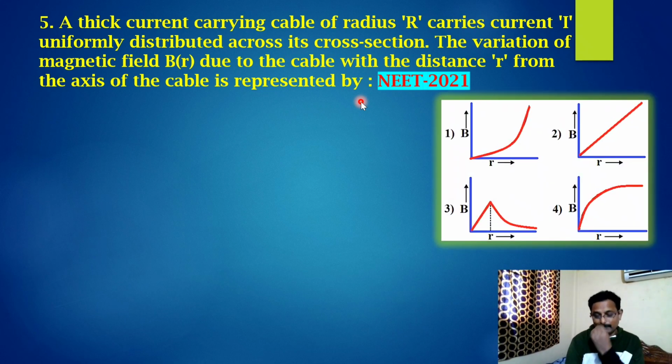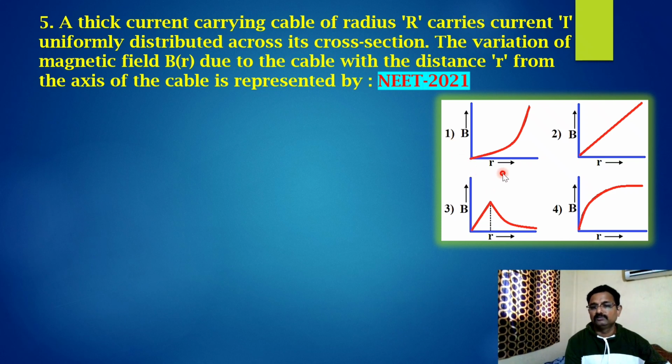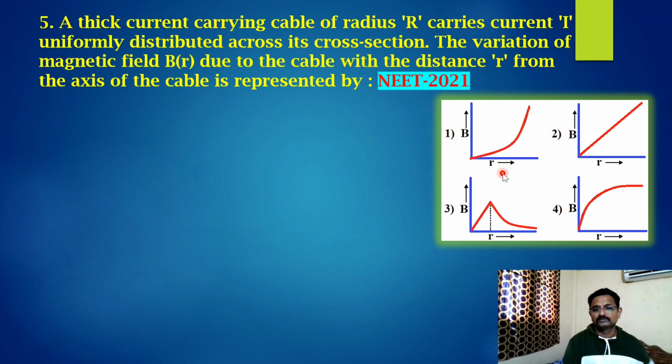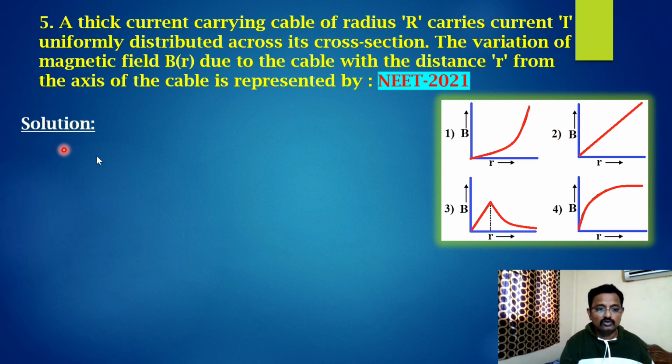From these options we have to identify the correct graph. These are the graphs between B and r, that is magnetic field and distance of the point from the cable. Here the solution.